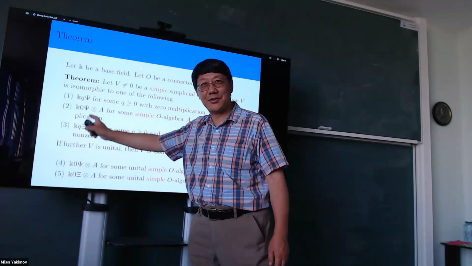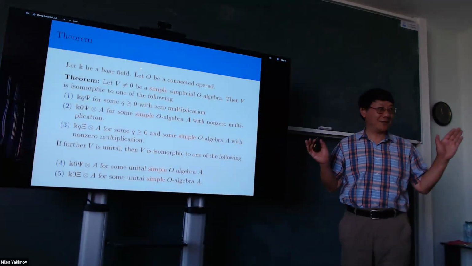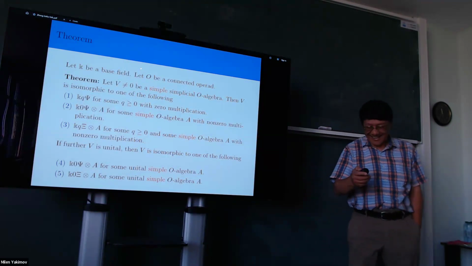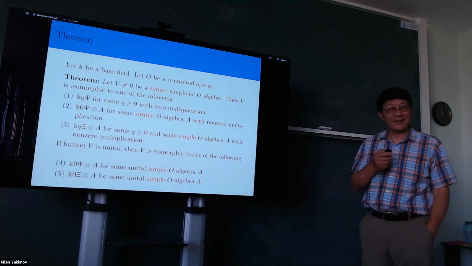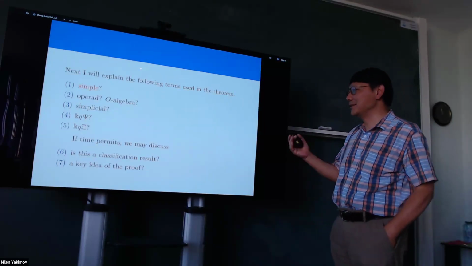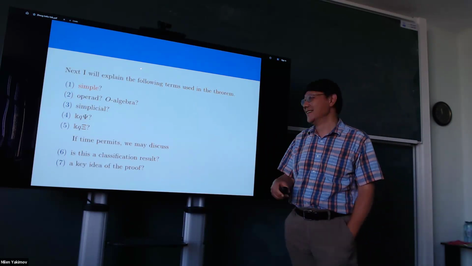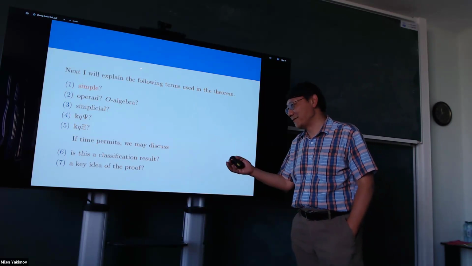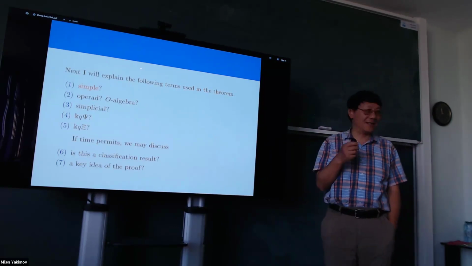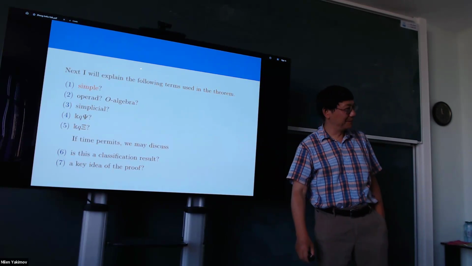I will explain all the terms, and after I explain all the terms, I finish my talk. That's my plan. If we have more time, I'm going to discuss why this is called a classification result, and if we still have time, I'm going to tell you one key idea in the proof. If we don't have time, then we're not going to worry about that.